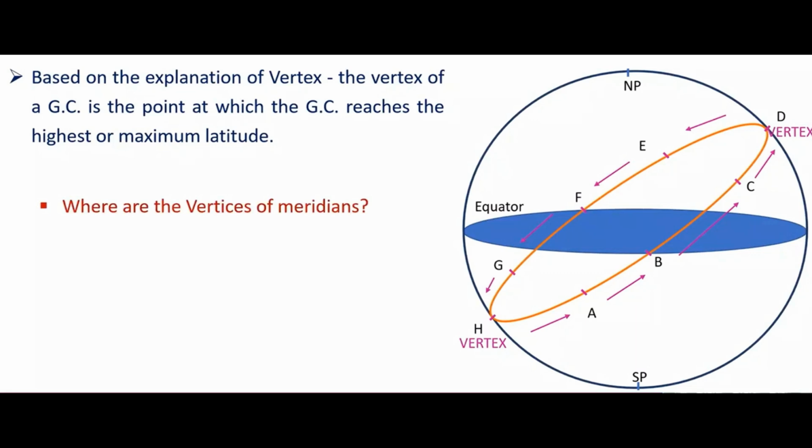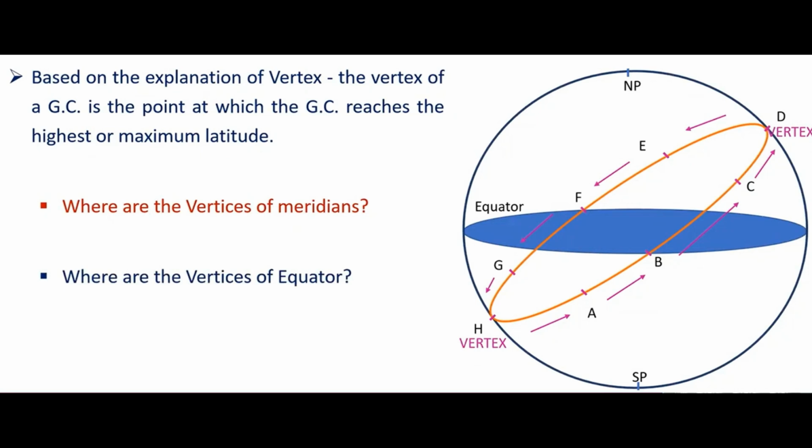Now, based on this discussion, let's evaluate where the vertices of the meridian are. We know all meridians run north-south. Their highest latitudes are the geographical poles. Therefore, the vertices of every meridian happen to be the North Pole and the South Pole.